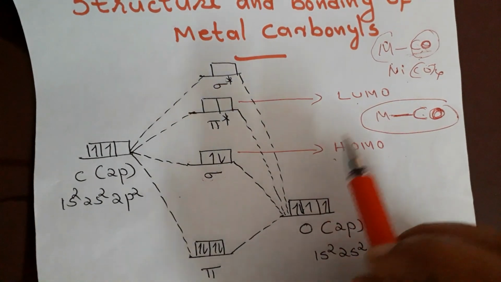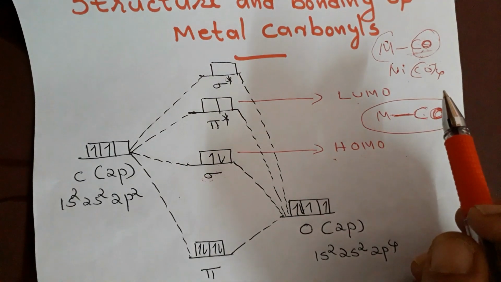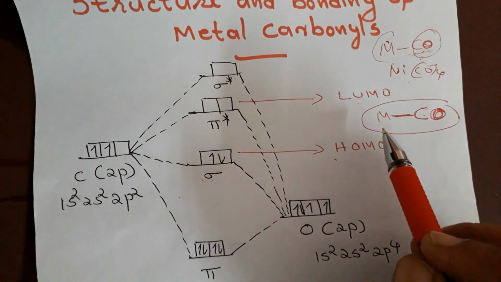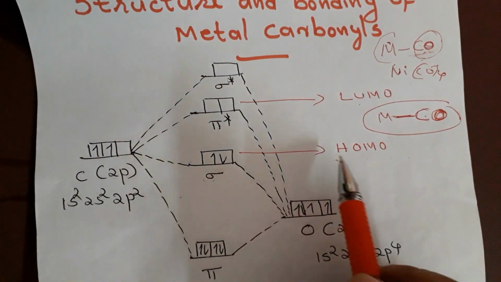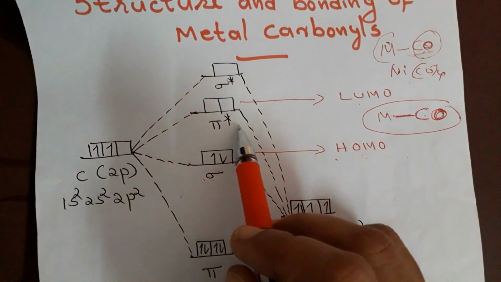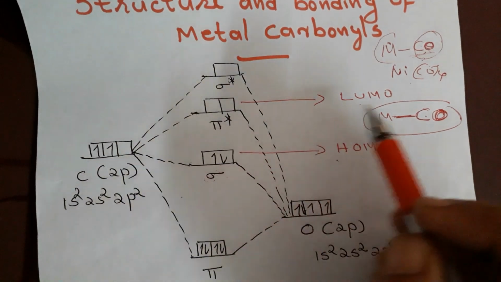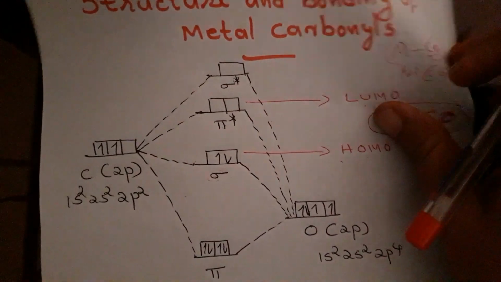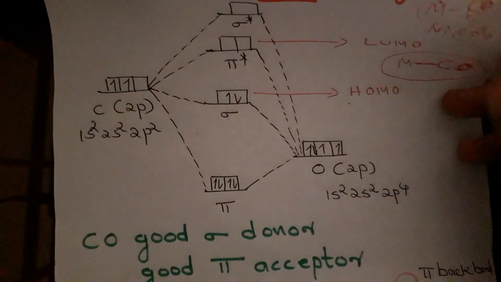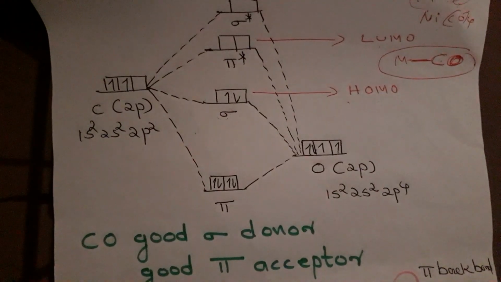Then the pi star antibonding orbital is the LUMO, the lowest unoccupied molecular orbital. You will study this this semester in pericyclic reactions in organic chemistry. So this sigma orbital is the HOMO and this pi star antibonding orbital is the LUMO.